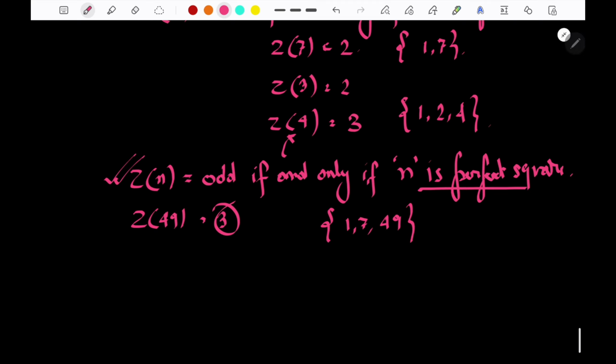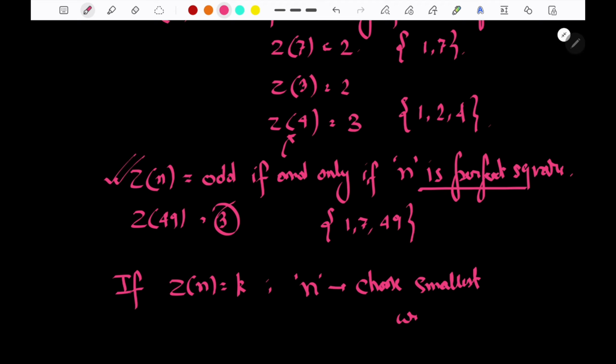It means if tau of n is equal to k, it can be built by choosing the smallest primes with the largest exponents.